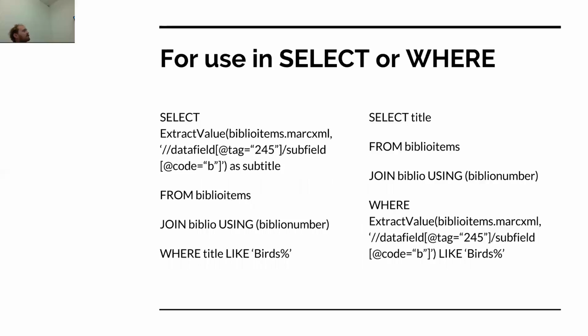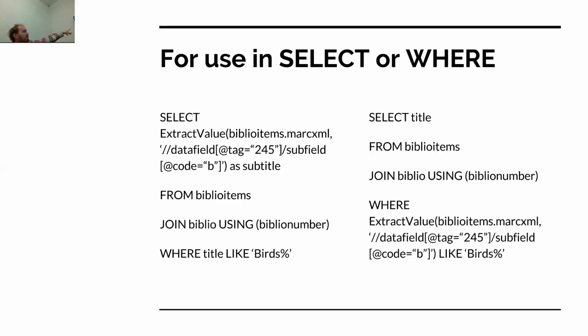You can do this extract value thing in select or where. So explaining the two differences here. On the left-hand side, we are pulling the subtitle field out of all records that have a title that begins with birds. Okay, so that's what's happening.